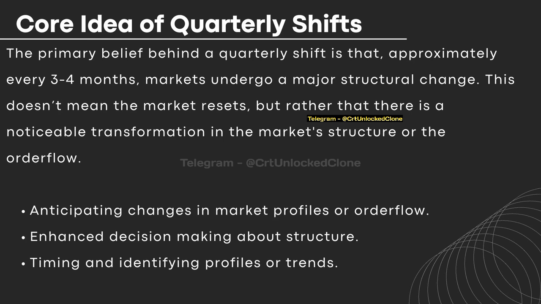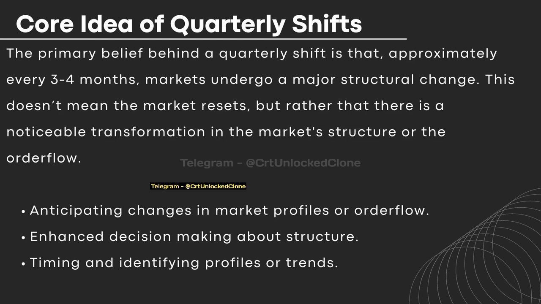Now, what this idea or theory helps us with is that when we have this idea in mind, we can anticipate changes in market profiles or the order flow at specific times of the year, right? Which means we would be using time and we would be timing trends and profiles in the markets, right? And obviously, it's not going to be random at all, but instead we'll be using it with the other concepts, which we'll also discuss in this chapter.